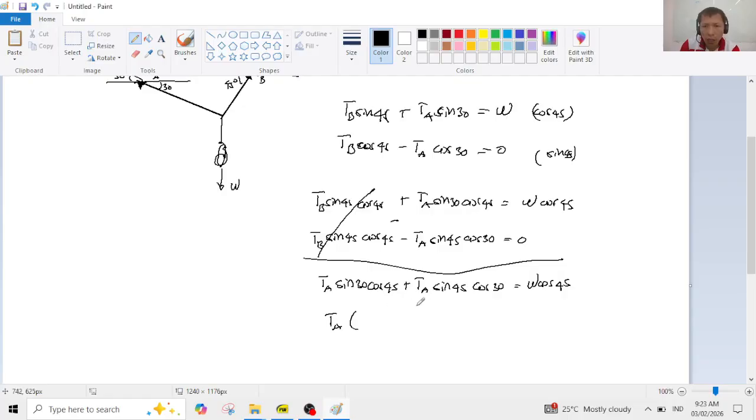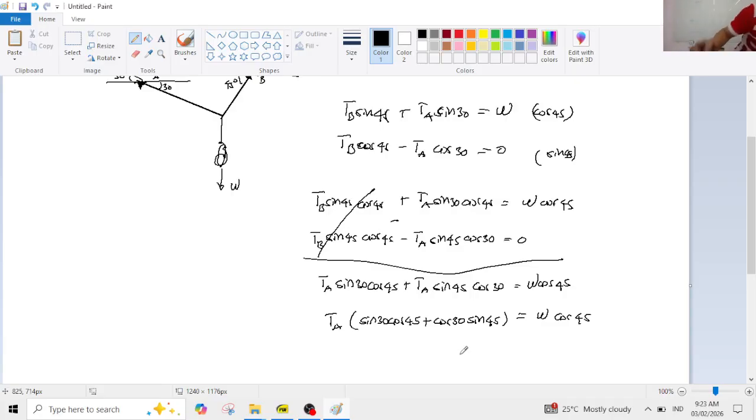TA times sine 30 cosine 45 plus cosine 30 sine 45 is W cosine 45. So you see this is in the form of sin cos plus cos sin.